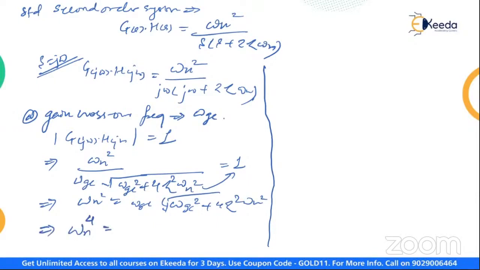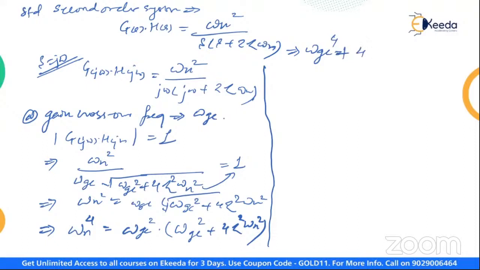I get omega n raised to 4 equal to omega GC squared into omega GC the whole squared plus 4 zeta squared omega n squared, as the under root will go away. Correct or no? Yes. Therefore, what do you get? Omega GC to the power 4 plus 4 times zeta squared omega n squared omega GC squared minus omega n raised to 4 equal to 0.